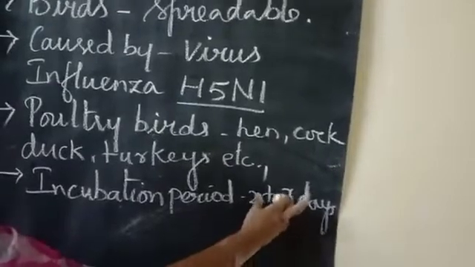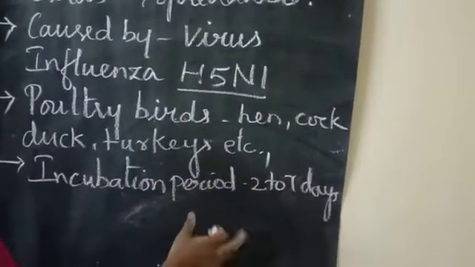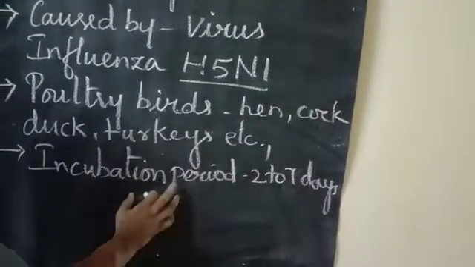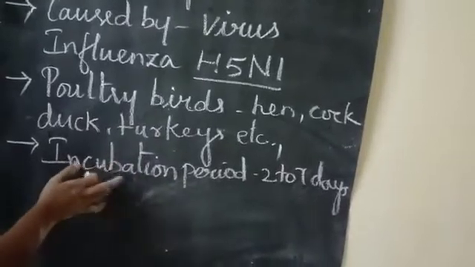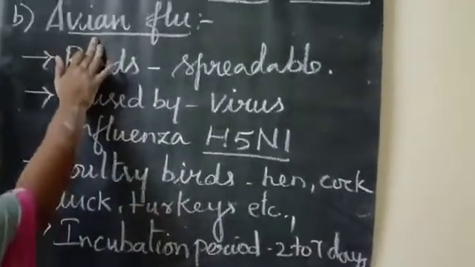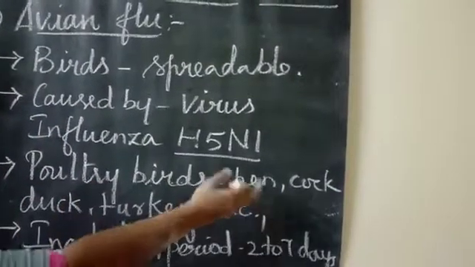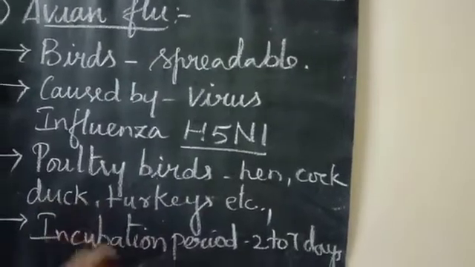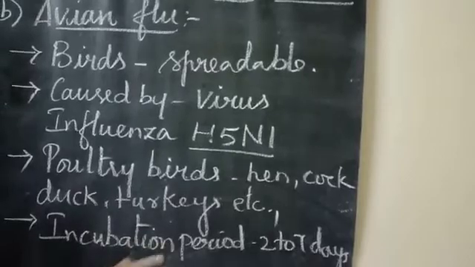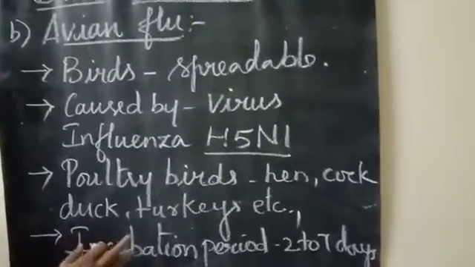Between these days, the virus stays in the human body, and only after that does it slowly start showing the symptoms. That is the incubation period. Usually avian flu affects the person who is always in close contact with poultry birds. Whoever has more contact with those birds will get infected soon.